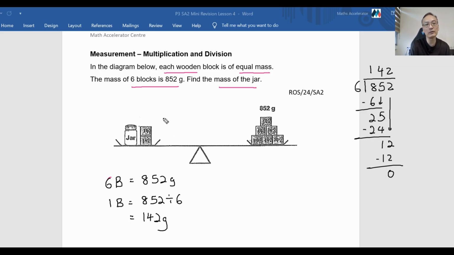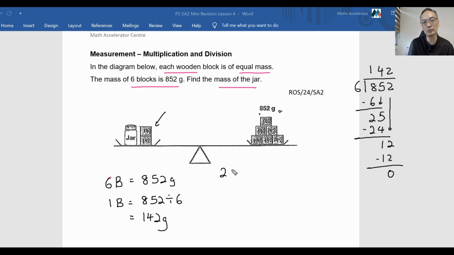Now we notice that over here, we have 2 blocks. 2 blocks in the jar will give us the same mass as these 6 blocks here, which is 852. So next we have to find the mass of 2 blocks.